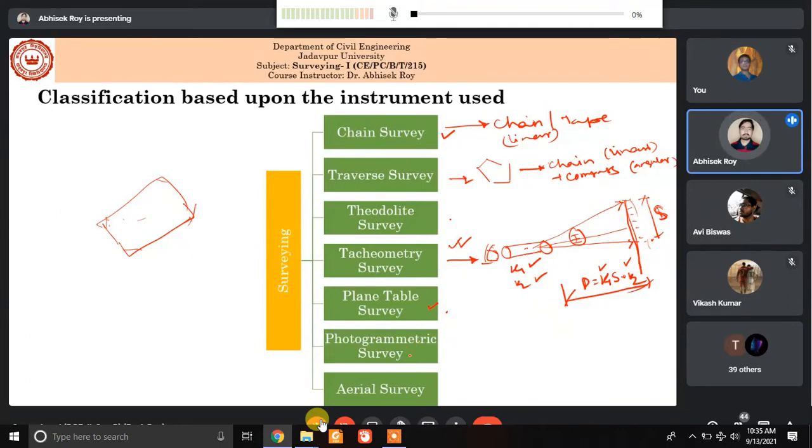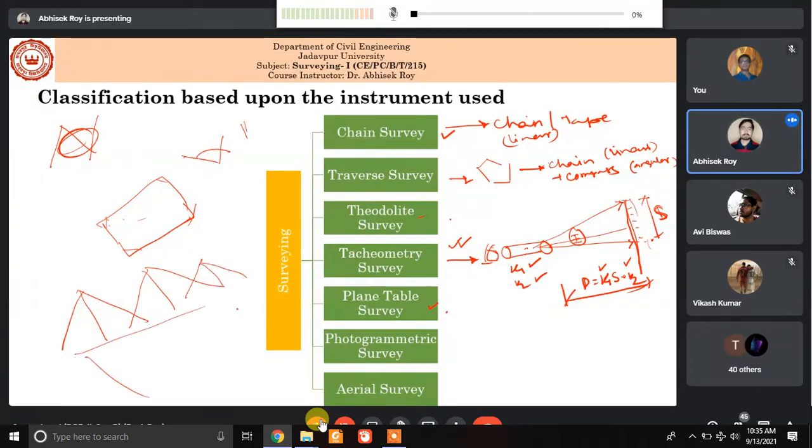And then there is theodolite surveying, where we not only measure the horizontal angle between two lines, but also the vertical angle between two lines. Suppose there are three mountains, this is the horizontal plane, you are here, and this is your theodolite.